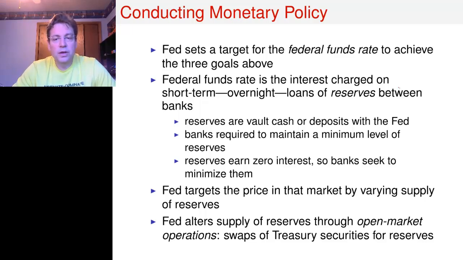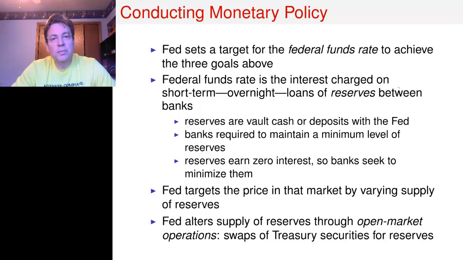It is the interest rate that is charged on overnight loans of reserves between banks. Reserves are basically a kind of liquidity that banks have. They can take the form of actual cash that they have in their vaults, or deposits that these banks have with the Federal Reserve.